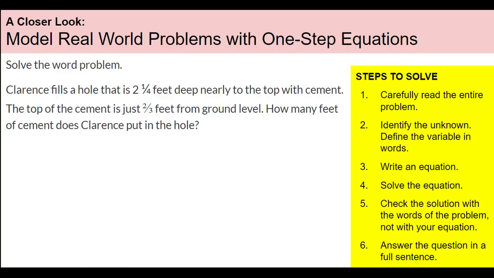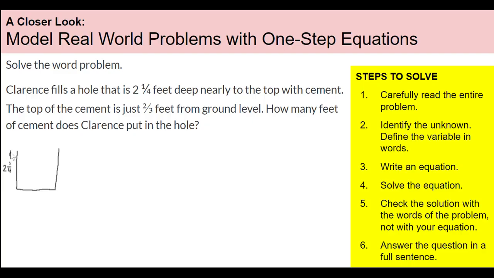All right, sometimes when we have word problems, I like to draw a picture to kind of visualize what's going on. Okay, so we have a hole. There's the hole. He fills a hole, and the hole is 2 1/4 feet deep. So I'm going to write it over here, 2 1/4 feet.